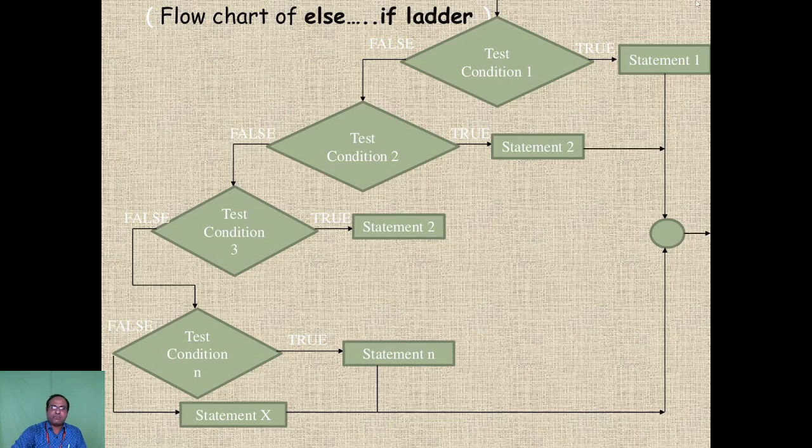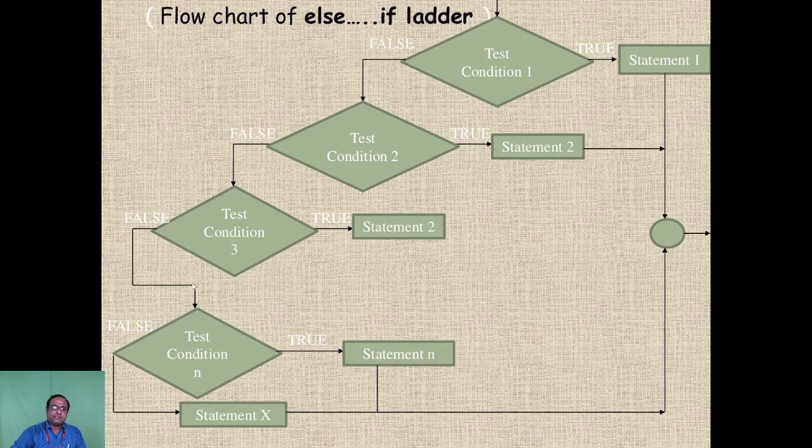So this is the flow chart for the else if ladder. Here we have multiple if condition statements: test condition 1, test condition 2, test condition 3, up to test condition n. If the first condition is true, statement 1 is executed. If the second condition is true, statement 2 is executed.